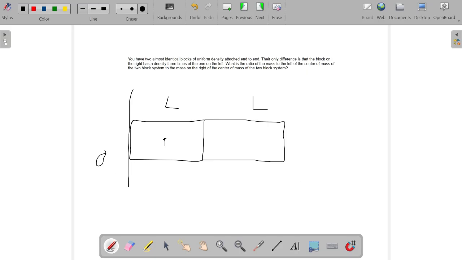If you don't know what uniform density means, that means it has a constant density throughout the whole thing. There's no point of a different density than another point. Okay, so here's going to be at L over 2. Here's at L. Here, the center of mass of this block is at 3L over 2. And here's the end at 2L.